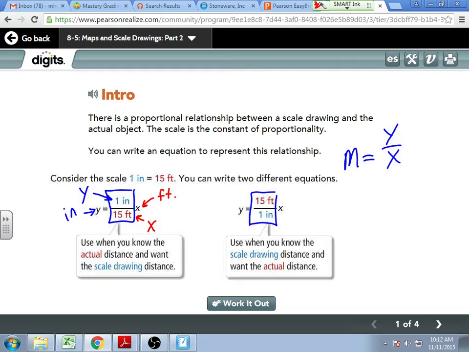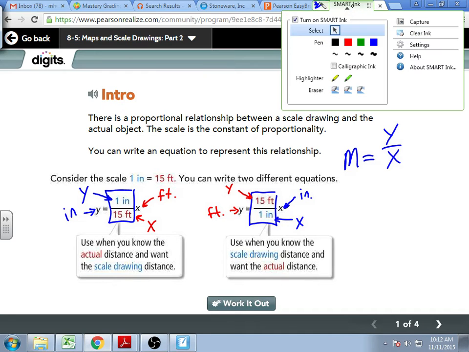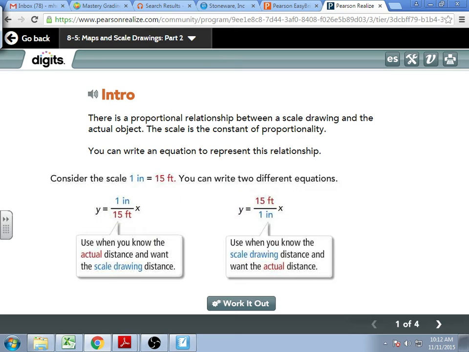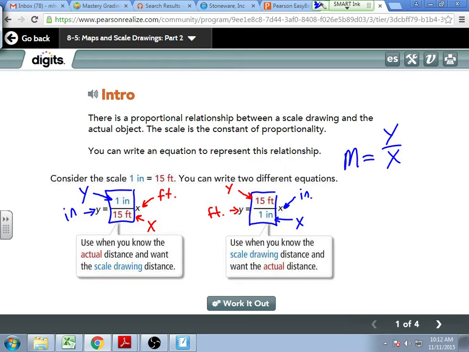It works the other way around if you put 15 feet over 1, because that tells you that your 15 feet was your y value, and that y will be in feet, and your 1 inch is really your x value, and that x is in inches. So that's how you determine what goes in your numerator or denominator: what has been given as y values and what has been given as x values. Is the top always the one? The top is always the y.